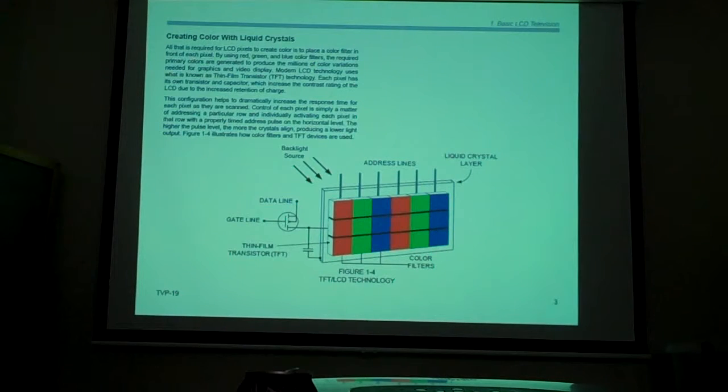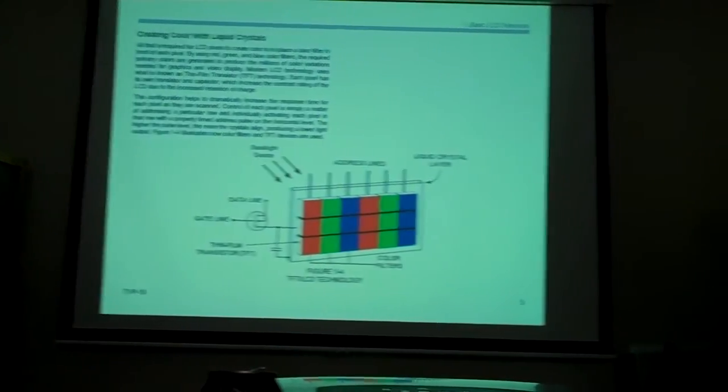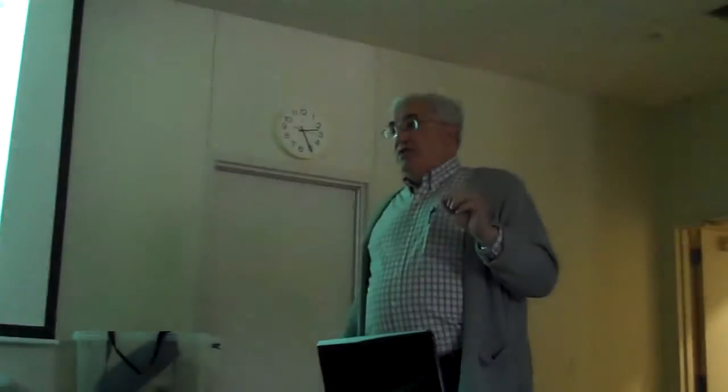Now, what's interesting is that to obtain white, you don't pass equal amounts of red, green, and blue, those primary colors. What you do pass is approximately 59% red, 30% green, and 11% blue.